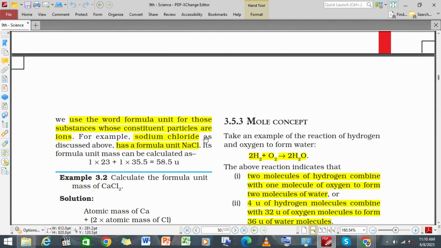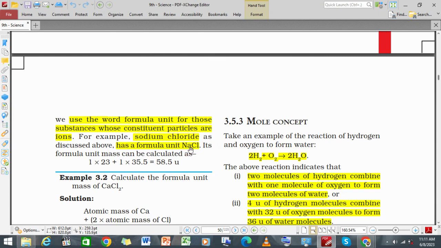Sodium chloride, as discussed above, has the formula NaCl. Its formula unit mass can be calculated as 1 into 23 plus, that is Na plus Cl, 1 Cl is there and 1 Na is there, so we will multiply each atomic mass by 1.